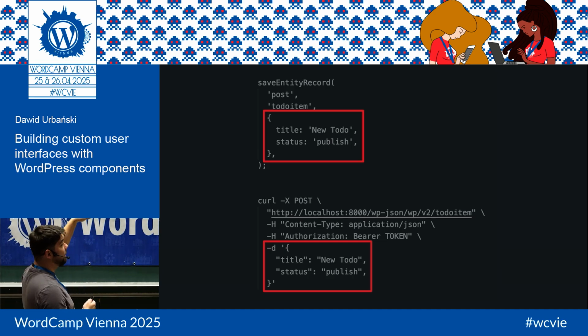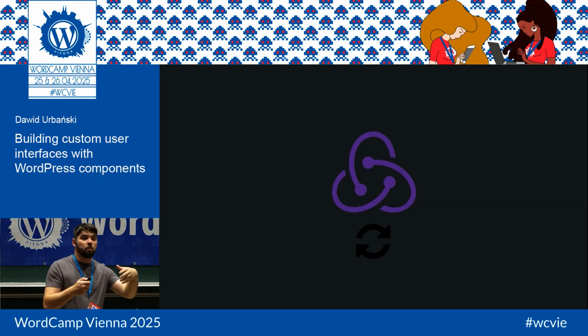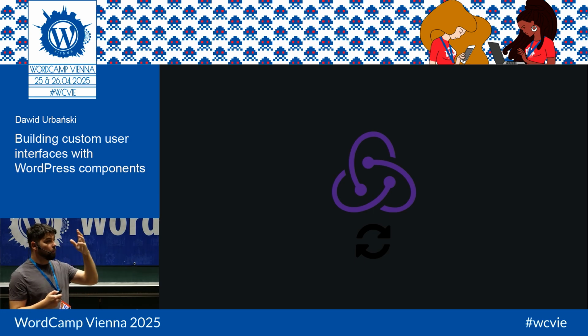And once it's done and everything is saved, there will be a sync with this global Gutenberg WordPress Redux store. So when it's added, it will be pushed to the store.